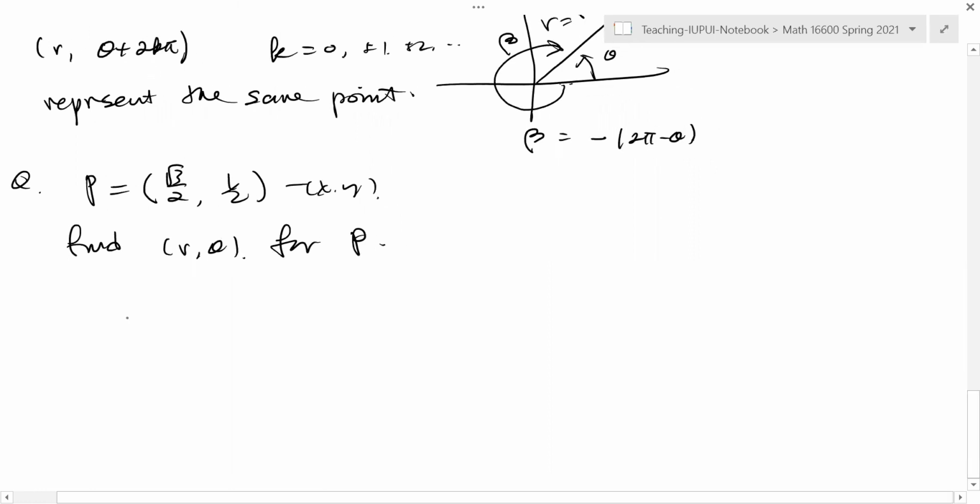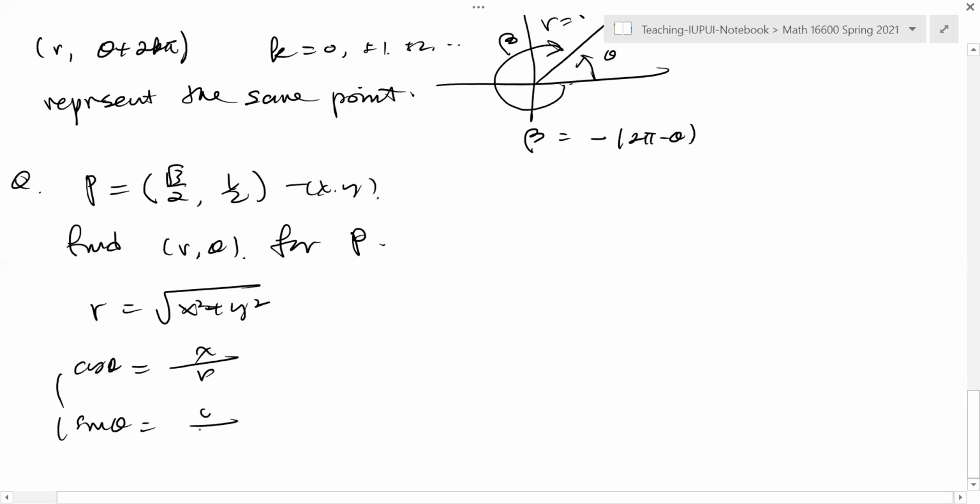Well, we use the formulas. r is going to be the square root of x squared plus y squared, cosine theta equals x over r, and sine theta equals y over r.